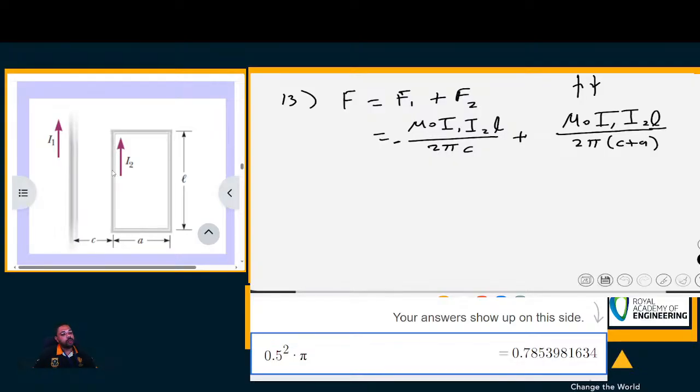Because the current's going to be flowing in the opposite direction, flowing down on the second part of the rectangle.